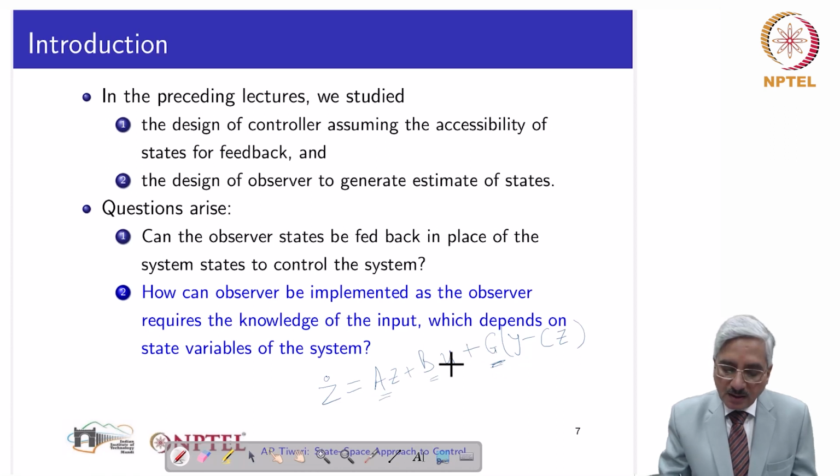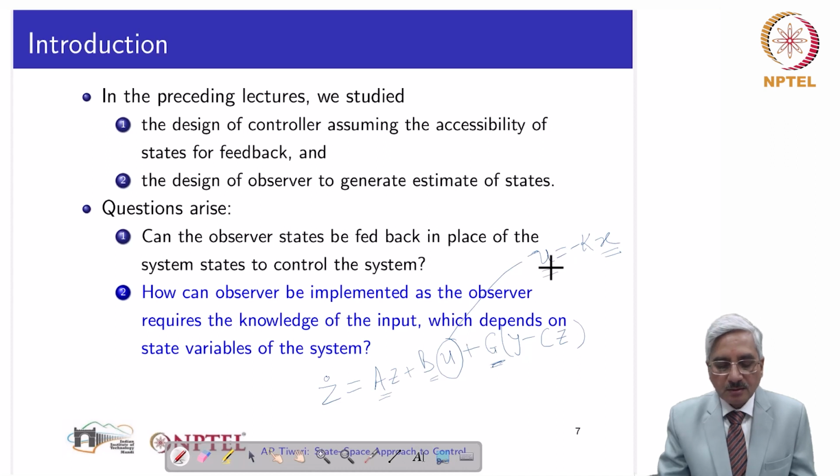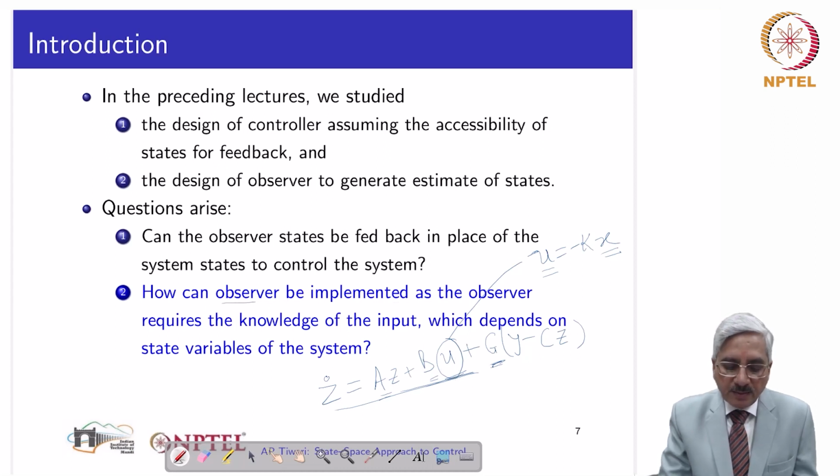Now what we see is that this u, which we wanted to bring through u equal to minus Kx, where x is not known. So how is u known? And this equation requires the knowledge of u. So how is the observer implementation possible?